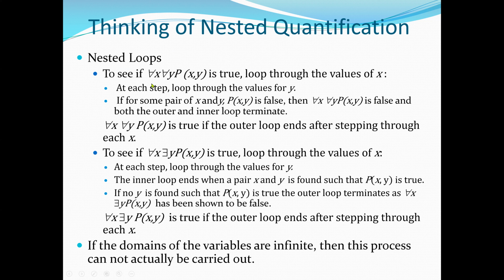So again, one more time, the concept of a nested loop. Here we want to say for all x and all y, P of x and y is true. The only way it can be true is when we loop through x from the beginning and go through y.